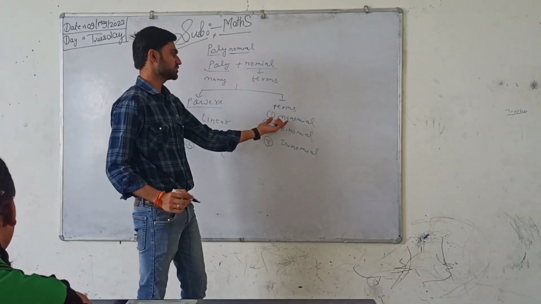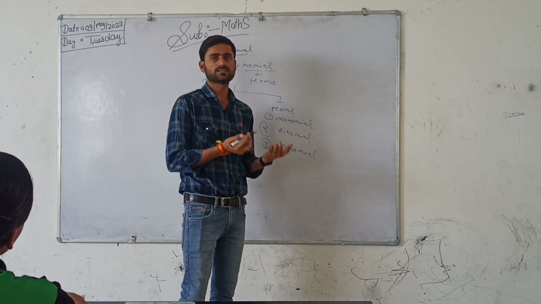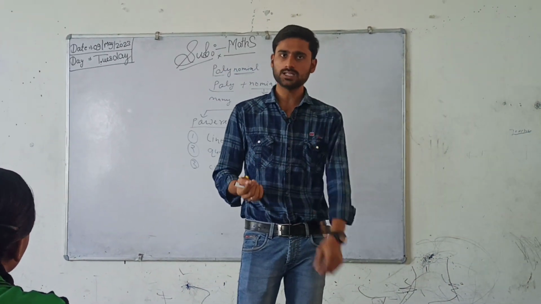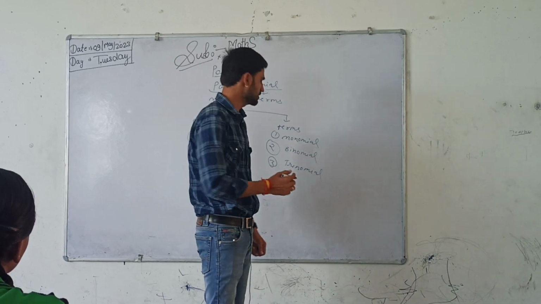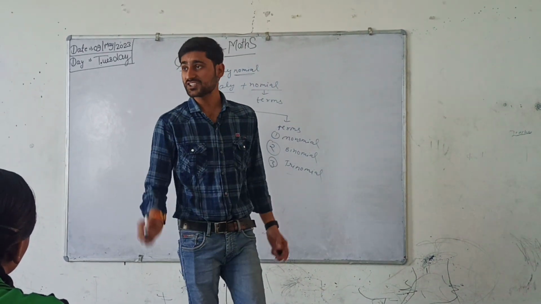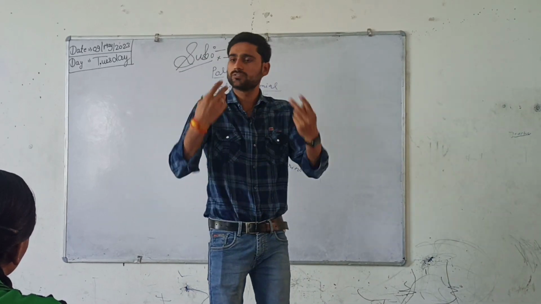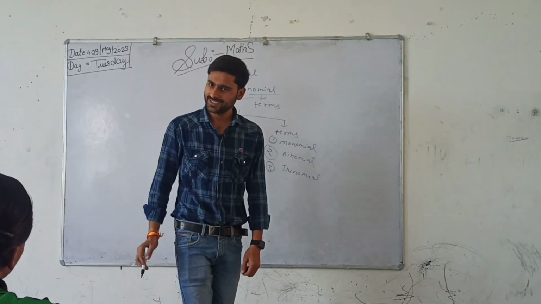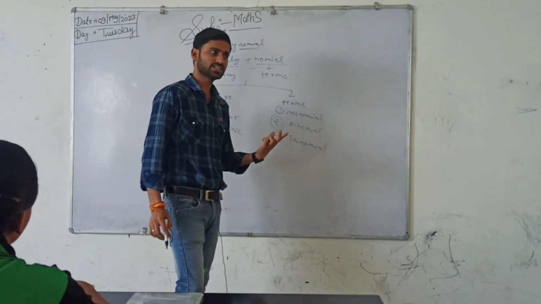The expression which has one term is monomial, the expression which has two terms is binomial, the expression which has three terms is trinomial. We can say also that the expression which has one or more than one terms is called polynomial. Now clear? Everyone is clear?